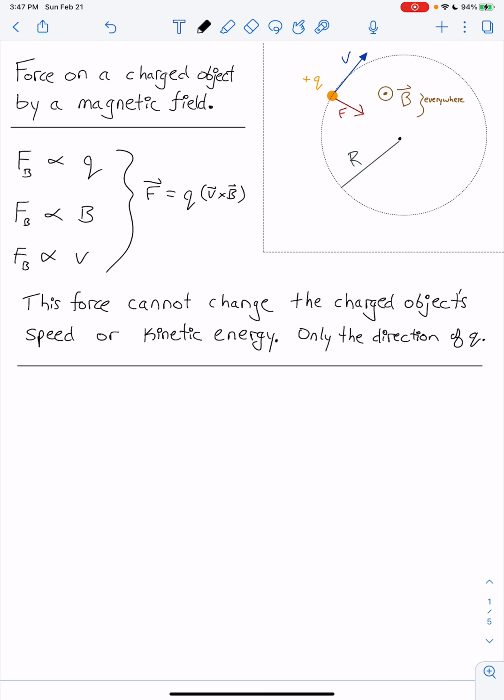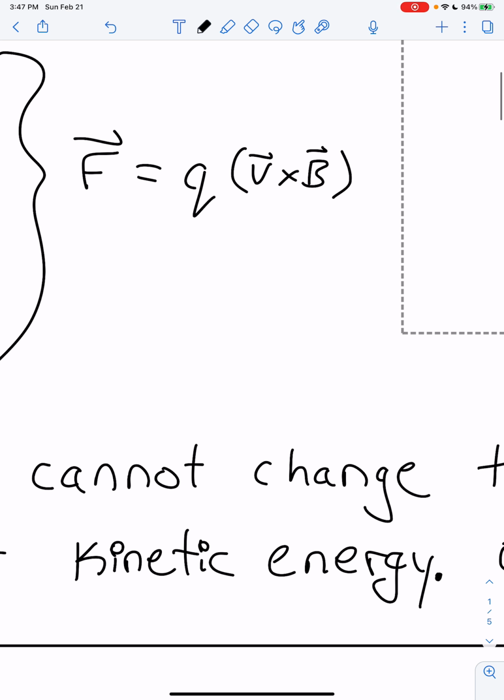Now there is an important subtlety to recognize here. If we look at this equation, we can recognize that the magnitude of this force is going to be equal to Q V B sine of whatever angle is between those vectors. That's coming out of the cross product.